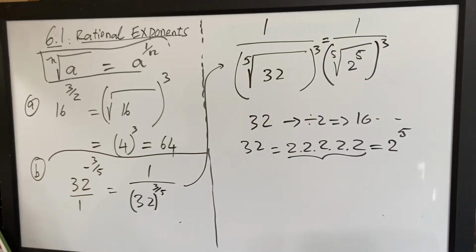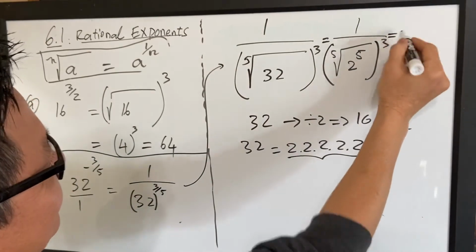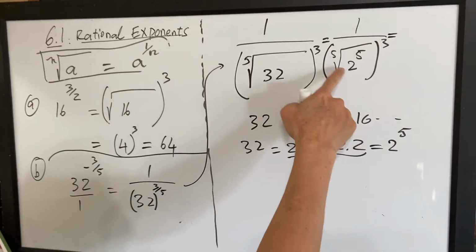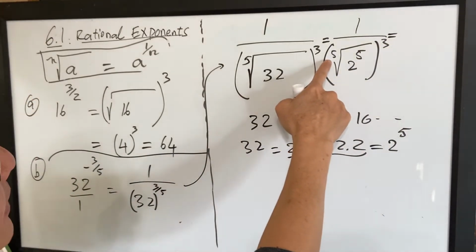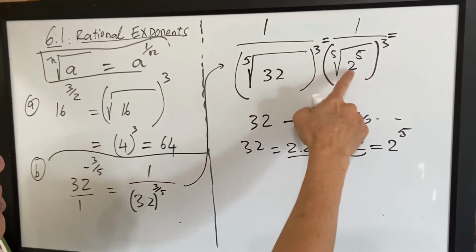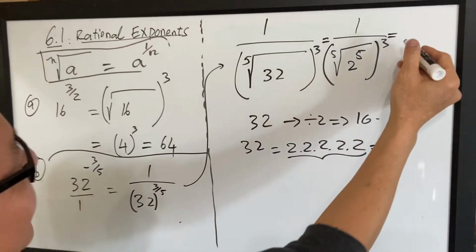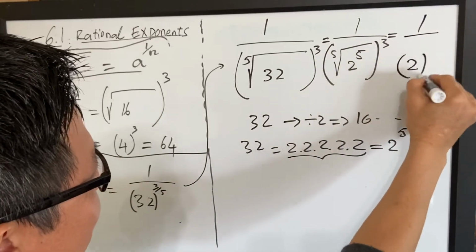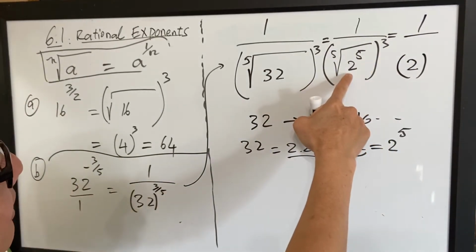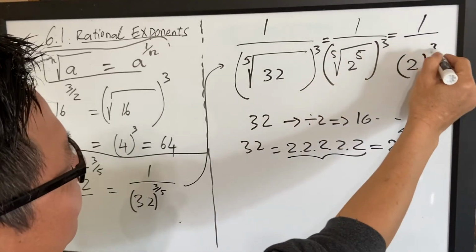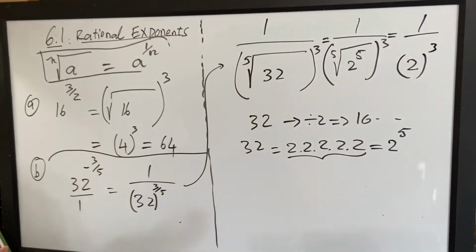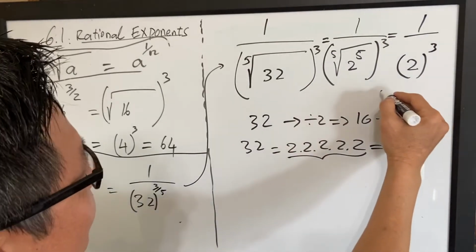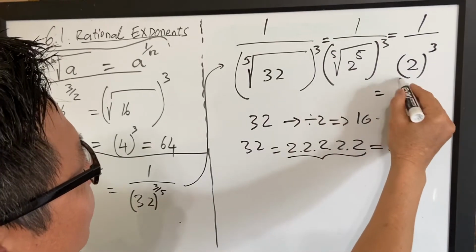Perfect. Can anyone see the light here? Oh, Mr. Dang, the 5th root of 2 to the 5th, that's exactly 2. That's inside parentheses, okay? There we go. And now you have 3 right here. So, can you tell the answer right now for me? The answer right now is 1/.